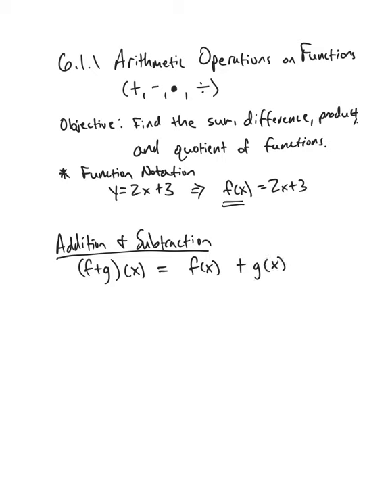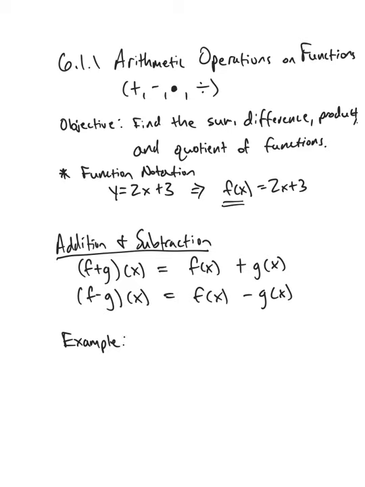This is the abstract of this. So f minus g, if we're subtracting two functions of x, we're going to take f of x and subtract the second function, g of x. That's all notation. Let's do an example so it's not quite as abstract.